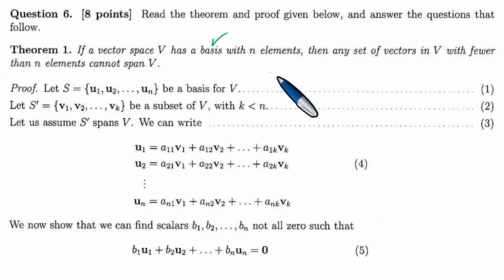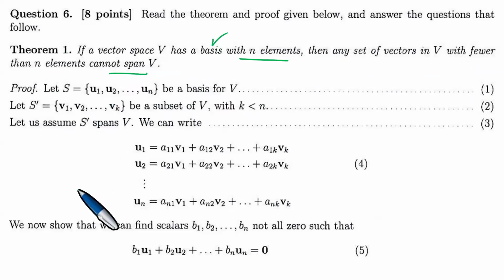Now we are dealing with a basis with n elements. It means that you have a set that is linearly independent, with n elements. Then any set of vectors in V with fewer than n elements cannot span V, cannot generate V.